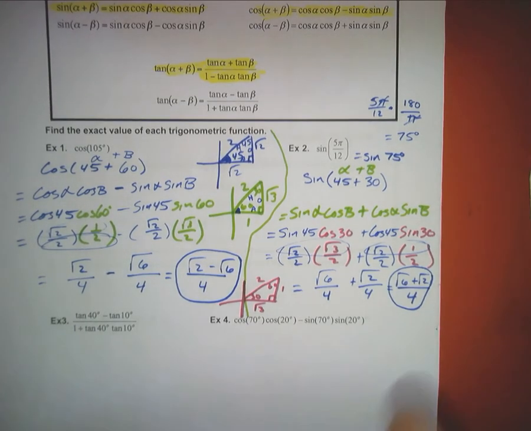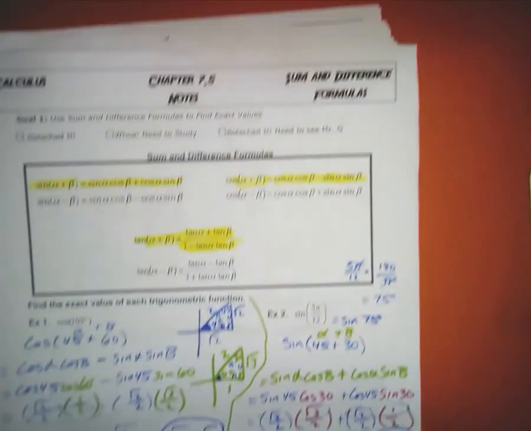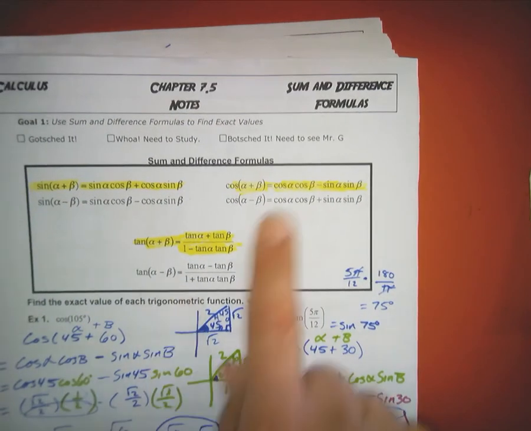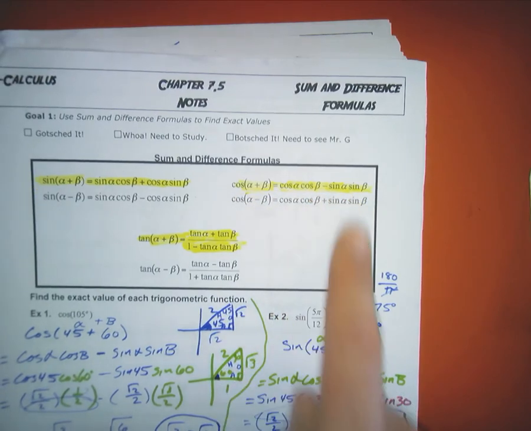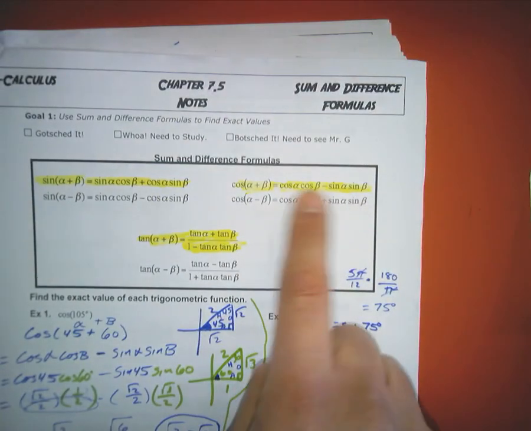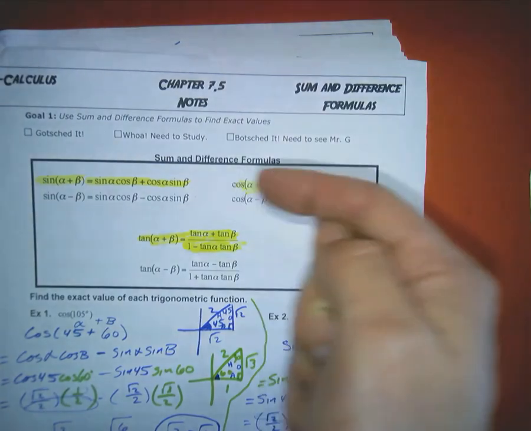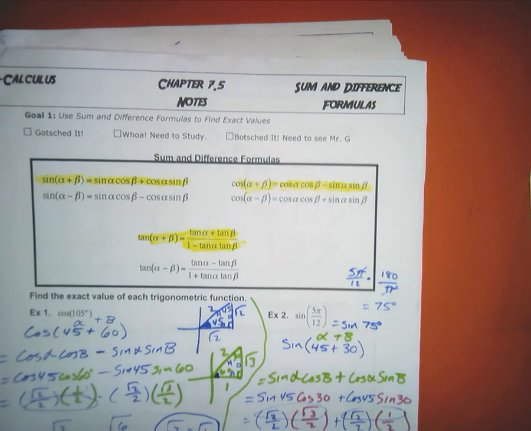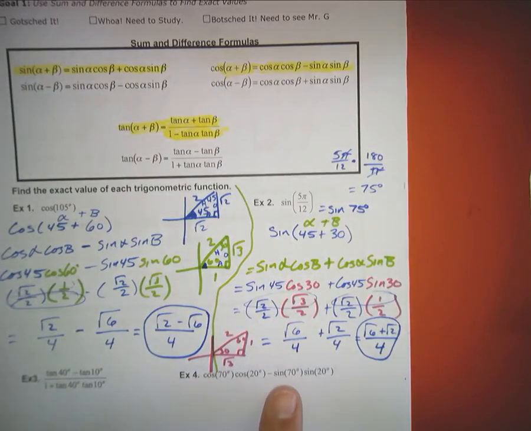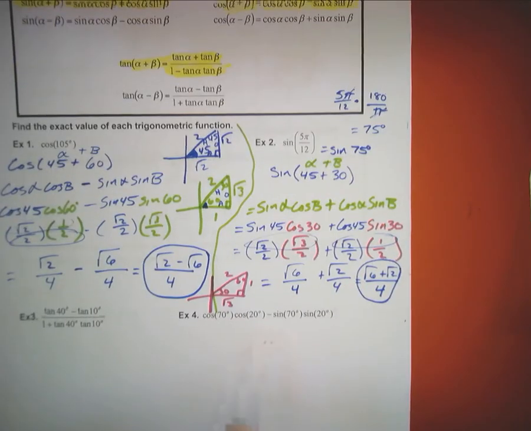For example 1, we started on the left and expanded it out. Now at example 4, you're starting on the right and trying to condense it to the left. Does that make sense?